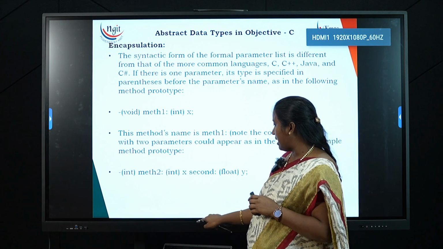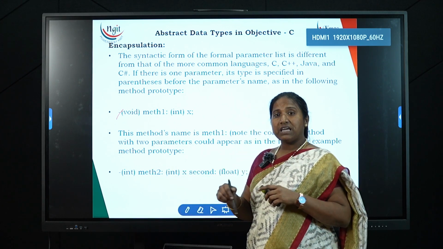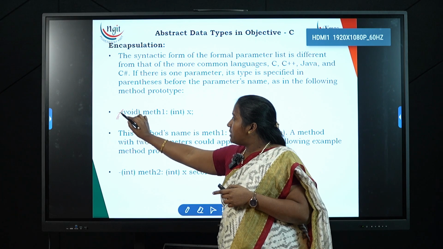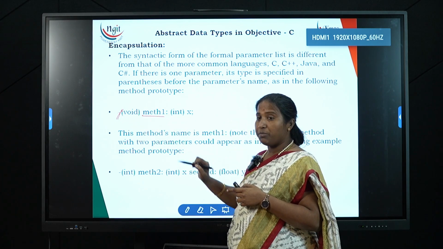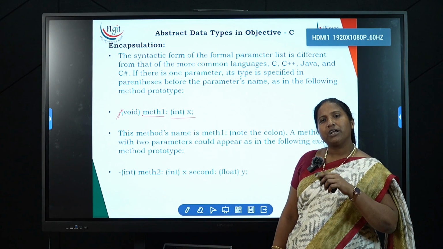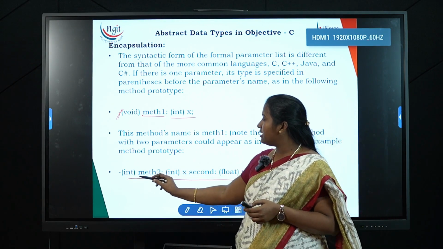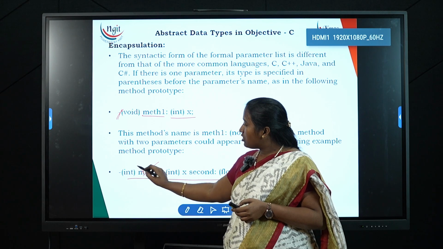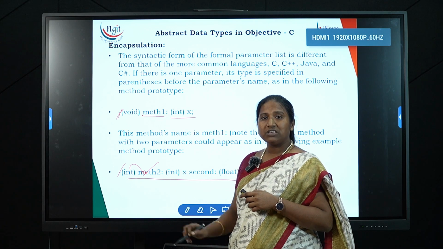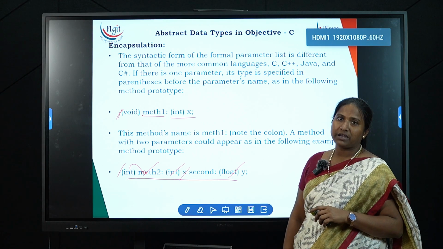Now let's look into this example. Here I have taken the minus symbol. Minus sign represents an instance, correct? And the method name is method 1, and the parameter is int x. We can also take two parameters. The method is method 2, with an integer return type or integer prototype, and minus tells you that it is an instance method. Int x is the first parameter, float y is the second parameter.